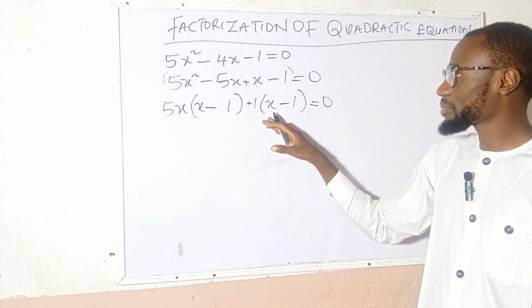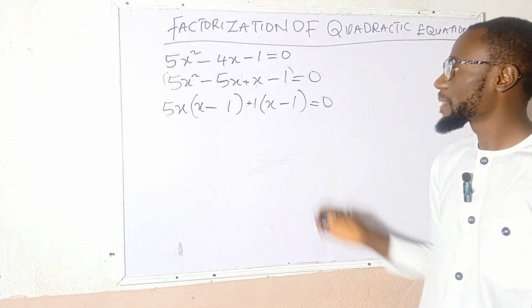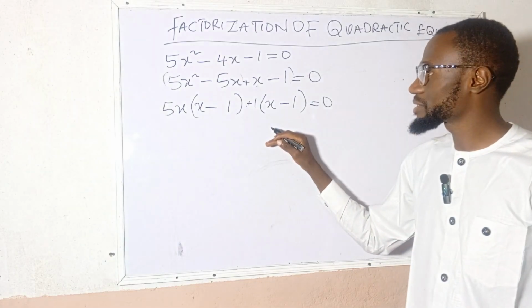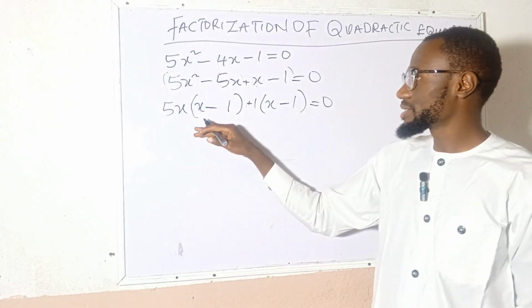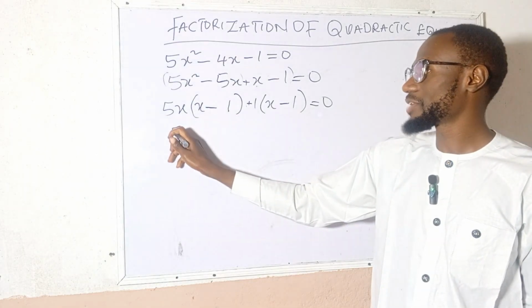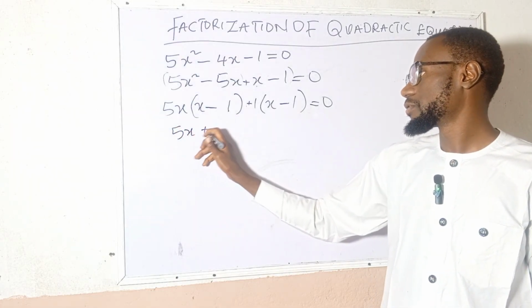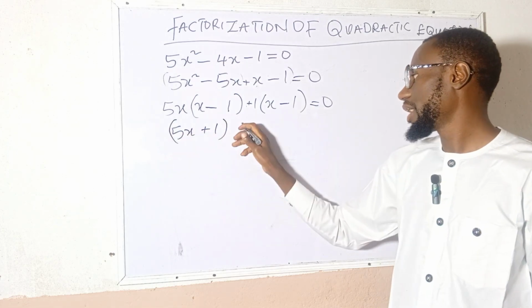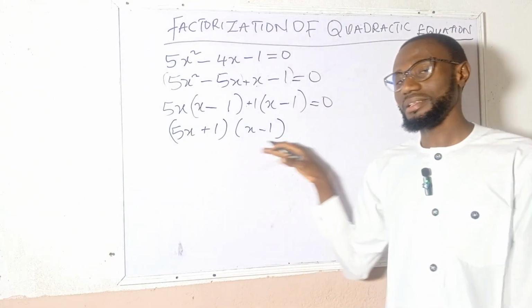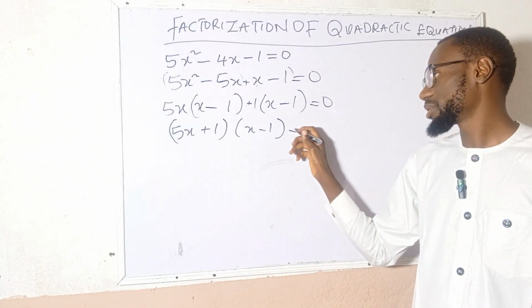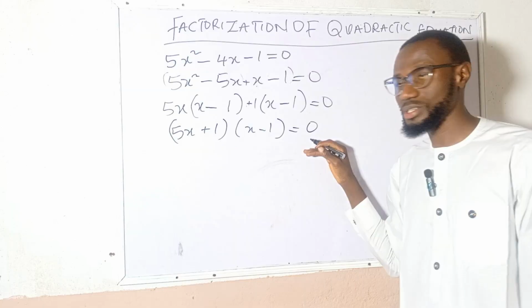Then in the next step, since we have two brackets that are equal, we take 5x plus 1, and we take x minus 1. That is the factor we can have as equal to 0.